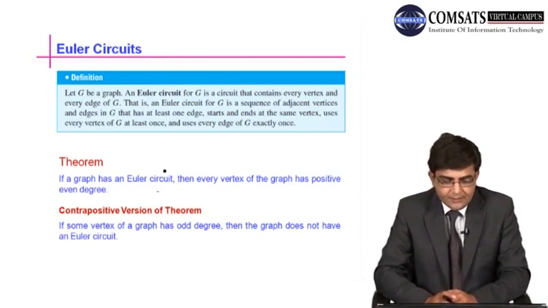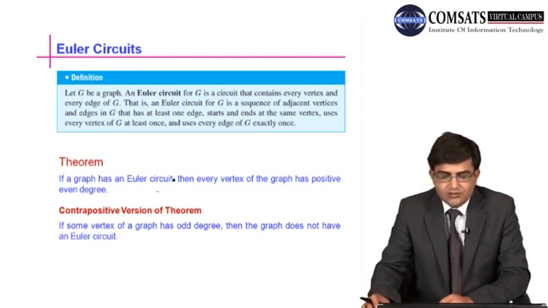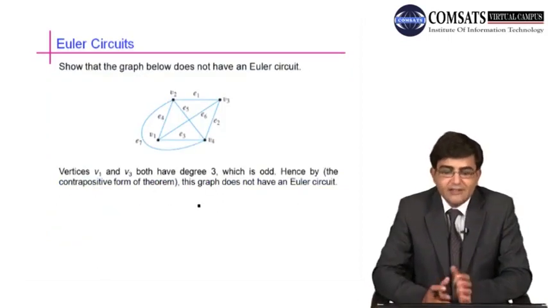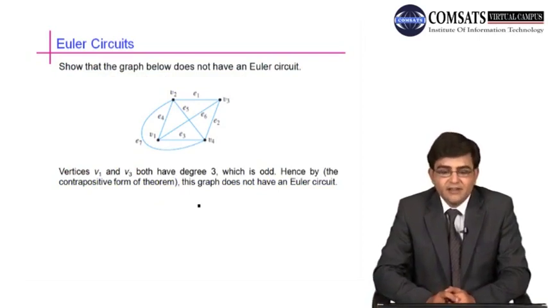So this is basically a check of whether there is an Euler circuit in a graph or not. Now we consider an example to check whether there is an Euler circuit in the graph given here or not.